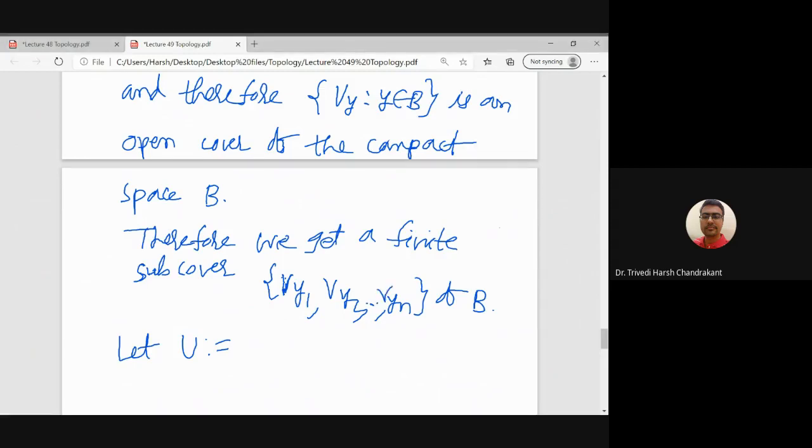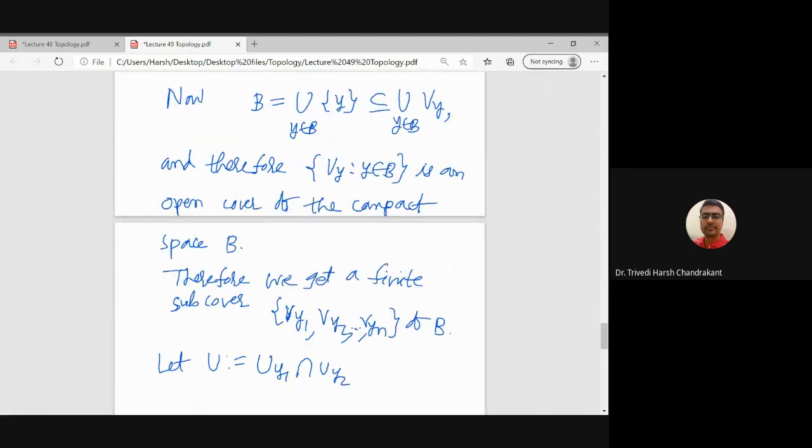Right. So using those sets, we will consider Uy1 intersection Uy2 intersection ... intersection Uyn.